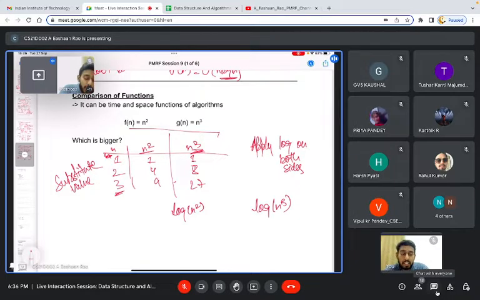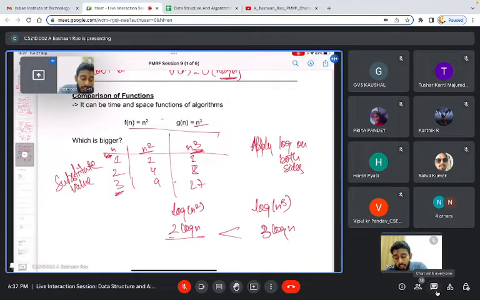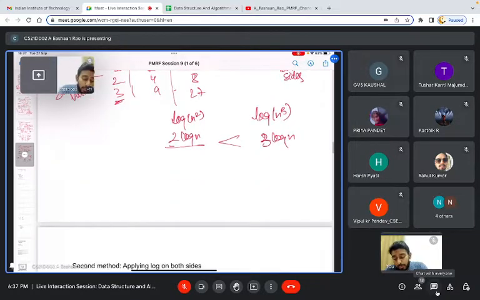Here you should have a little understanding of logarithms and the formulas we use. Applying them, it becomes 2 log n and 3 log n. Obviously 3 log n is greater than 2 log n, so that's how we can say n cube is greater than n square. These are two ways we can use to identify which function is bigger.